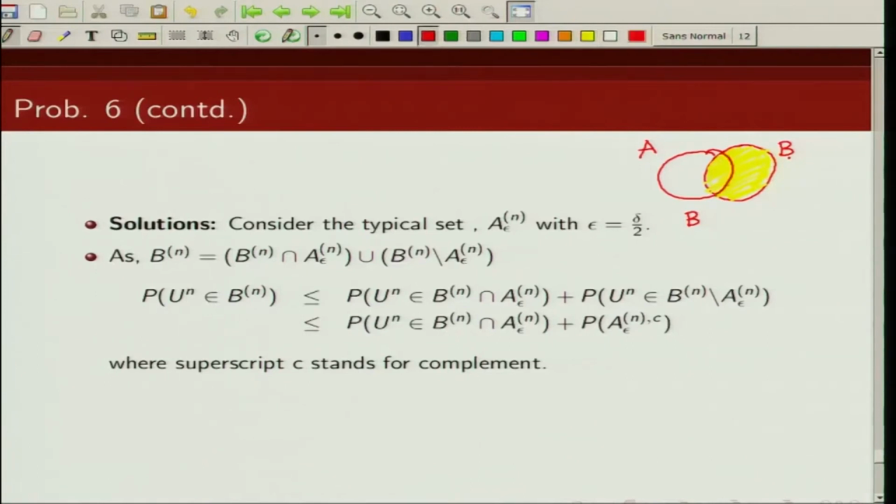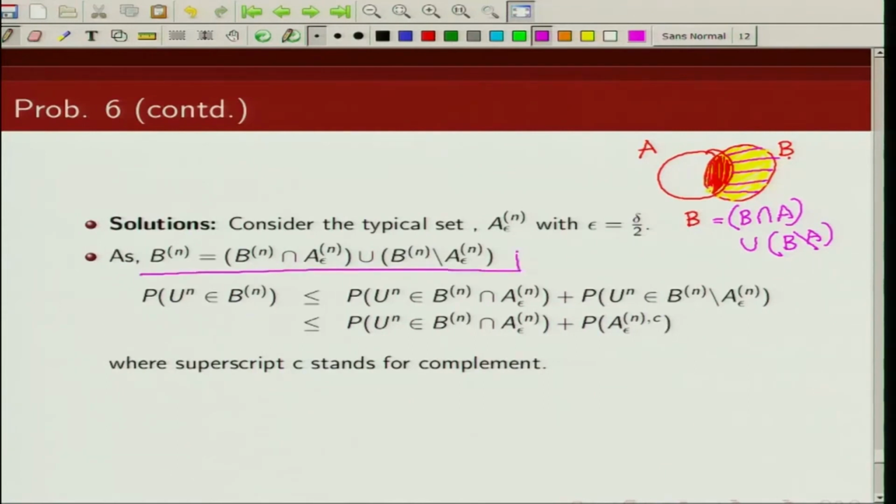B is this portion plus this portion. So I can write B as (B intersection A) union (B minus A). That's what I am writing here: I am writing this B_n as B_n intersection the typical set, union B_n minus the typical set.